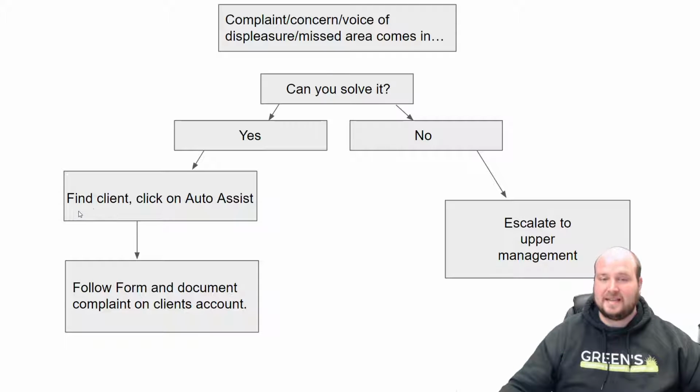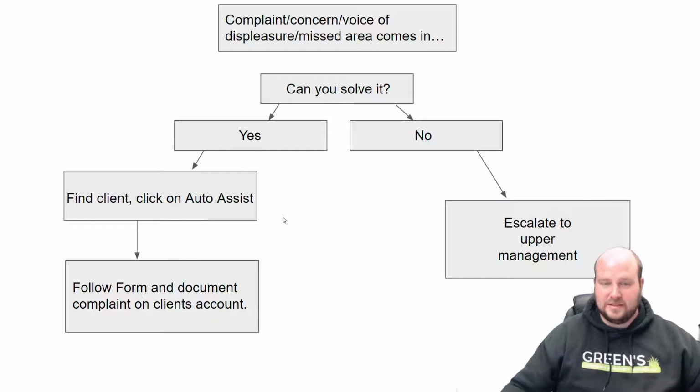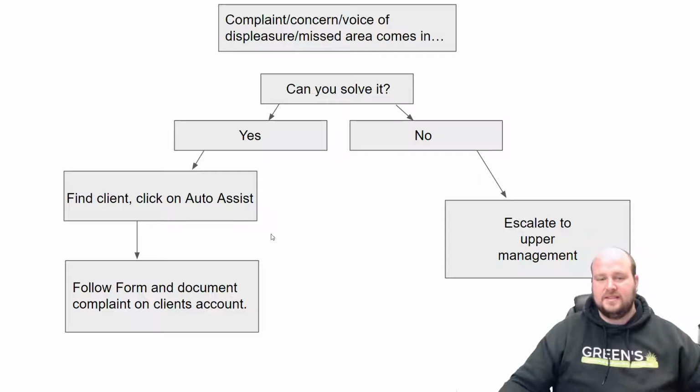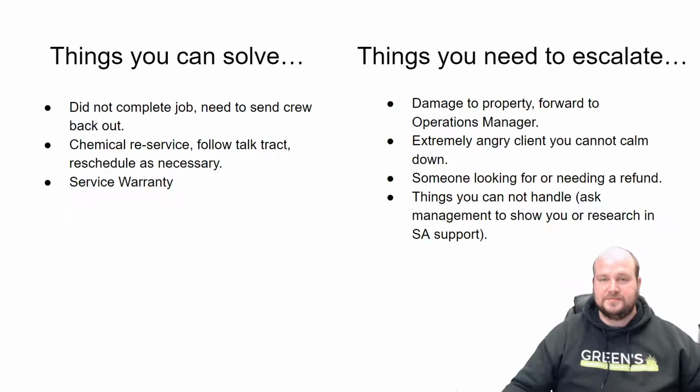You're going to find that client and you're going to click on the auto assist. I'm going to show you exactly how to do this after this. That auto assist is going to pull up a form and you're going to document the complaint on the customer's account, and you are going to take care of the problem in its entirety. Okay, and I'm going to show you exactly how to do that at the end of this video.